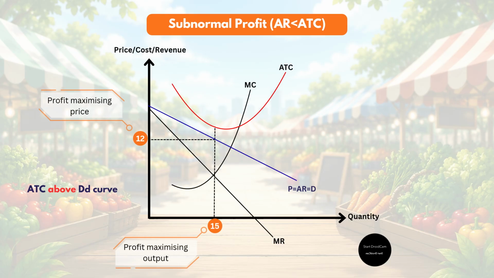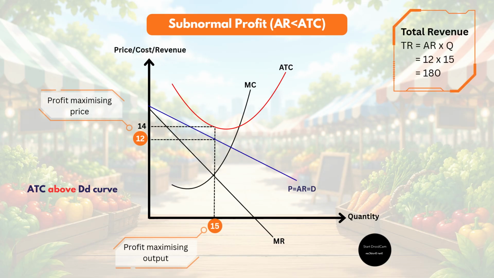This indicates a loss. We now identify the average total cost at the equilibrium output. The ATC is 14 while the price is only 12. So, the firm loses 2 on each unit produced. Total revenue is 12 times 15, which equals 180.